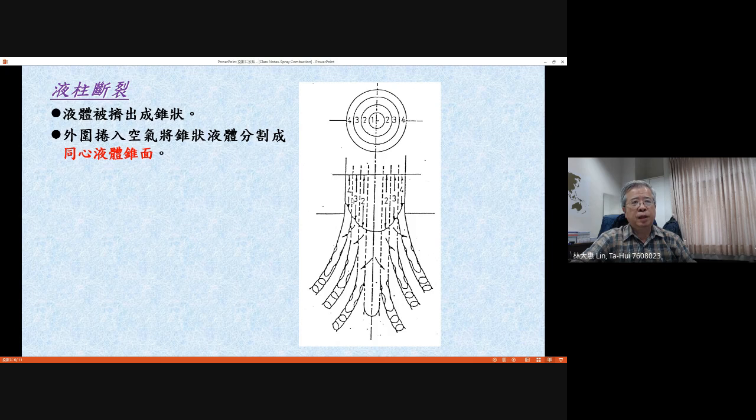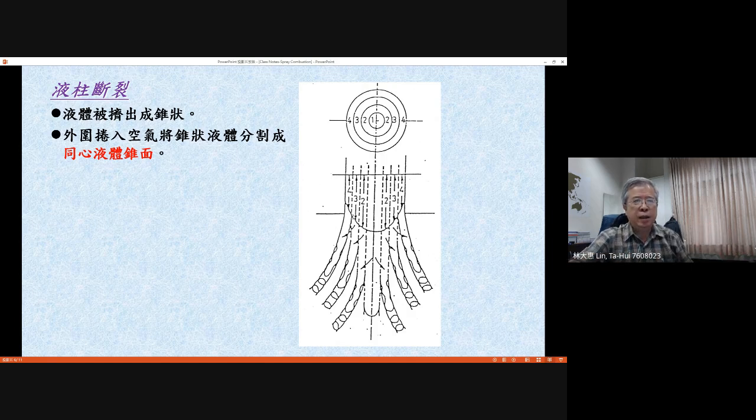For example, the flow velocity at region 4 is smaller than that in region 3, so there will be some kind of shear force between these two regions. Okay, and in this sense, all the inertia comes out along the axial direction, but it will expand in the radial directions. Then the liquid coming out will be a spreading cone.